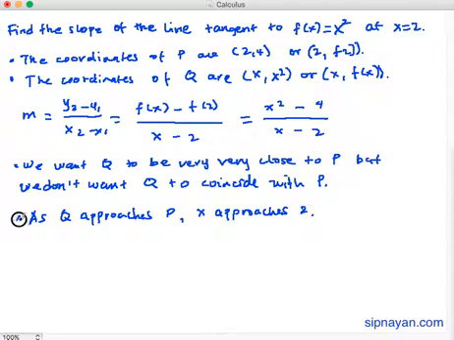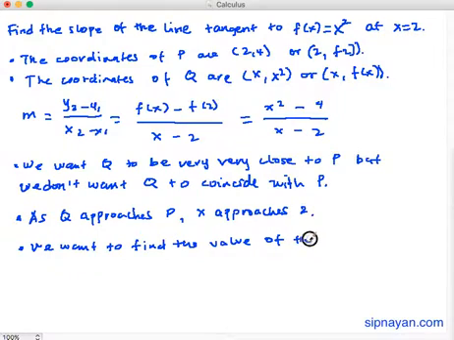So, ibig sabihin, we want to find the values of the function that are very close to 2.